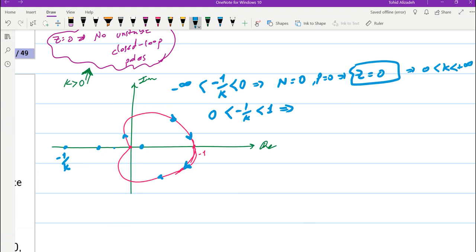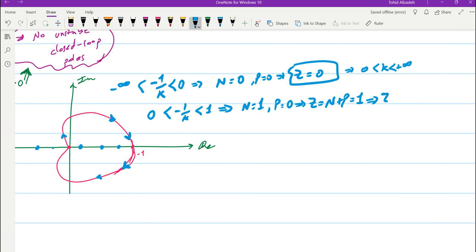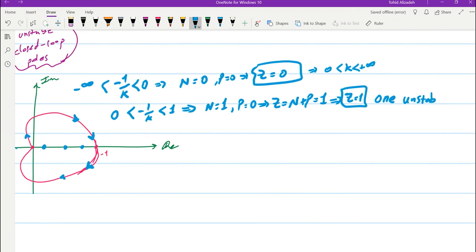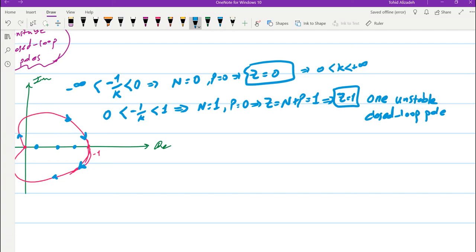If the point is here, or here, or here, we will have N equal to 1, and since P is equal to 0, Z, which is equal to N plus P, will be equal to 1. And since Z is equal to 1, it means that we will have one unstable closed loop pole. The closed loop system will become unstable with one unstable pole.